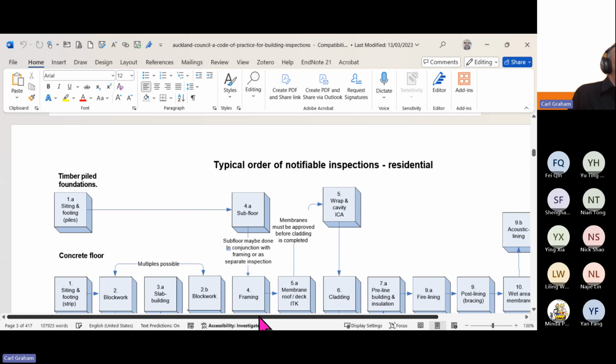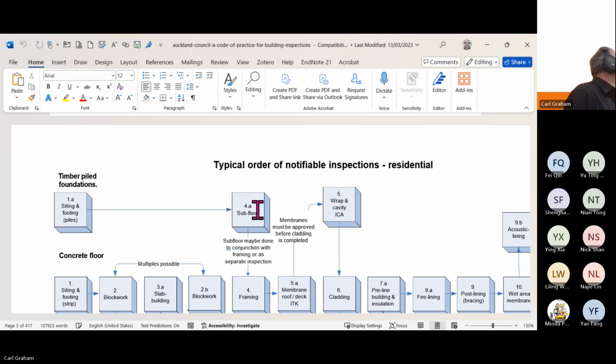You might see this picture again in other PowerPoints that I've given, but then you'll have a thing called a subfloor. Can anybody understand what that might be? Under the ground. So what type of floor is it? Timber. Timber floor, timber joists.